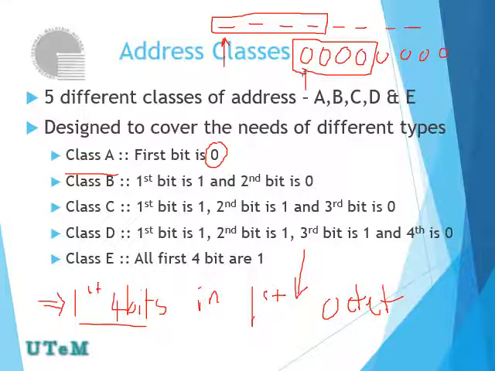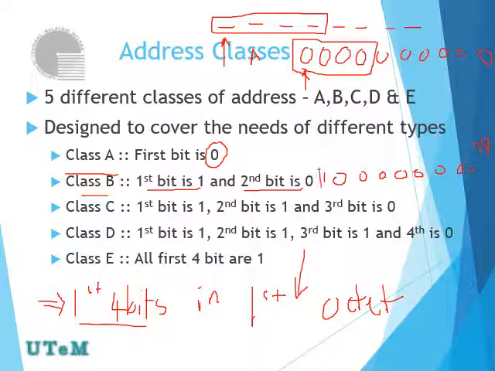Look at the first 4 bits. If the first bit is 0, this is equal to 0 in decimal. So if the first bit is 0, then it is class A. Okay, so class B: if the first bit is 1 and the second bit is 0, something like 1, 0, 0, 0, 0, 0, 0, 0, which is equal to 128.